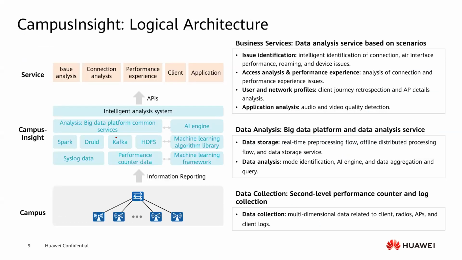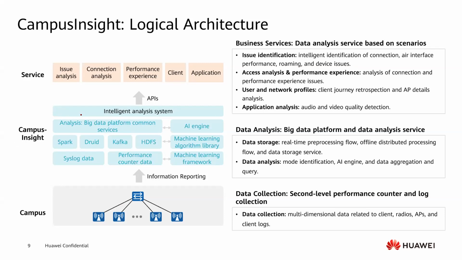And this is the architecture of CampusInsight. The lower layer is our network, which uses telemetry technology to report information to the collector of CampusInsight. When the collector receives the data, it sends this information to the analyzer. That means CampusInsight is made up of two parts: first the collector, and second the analyzer.